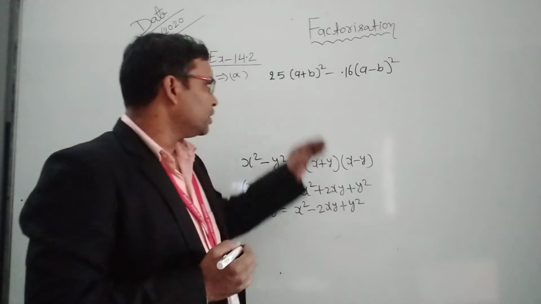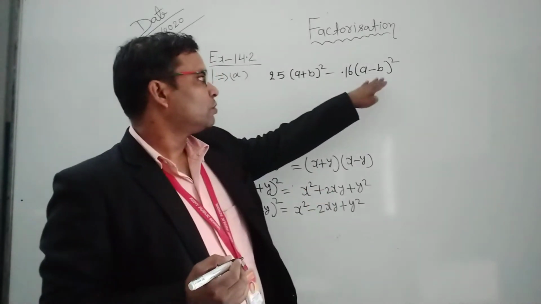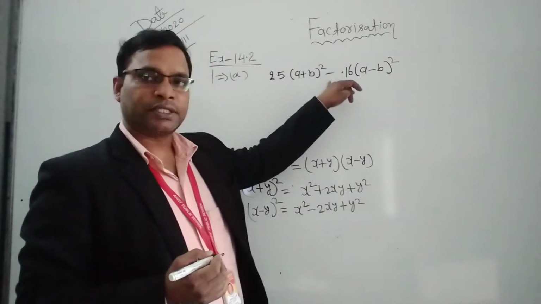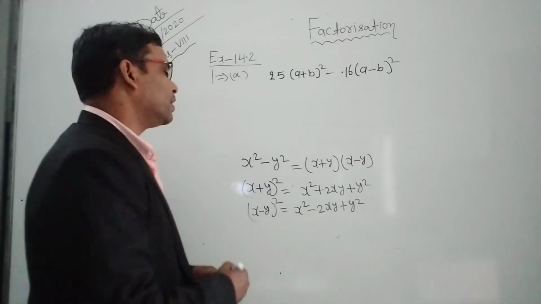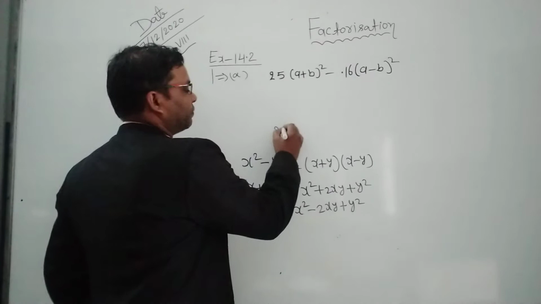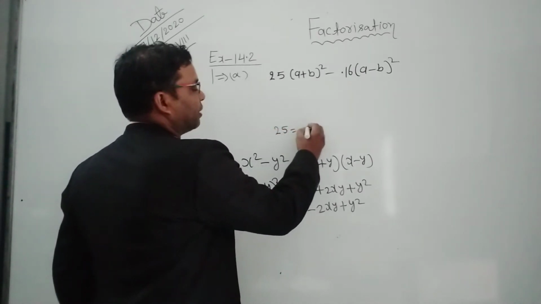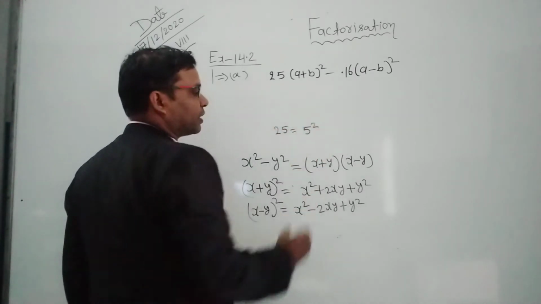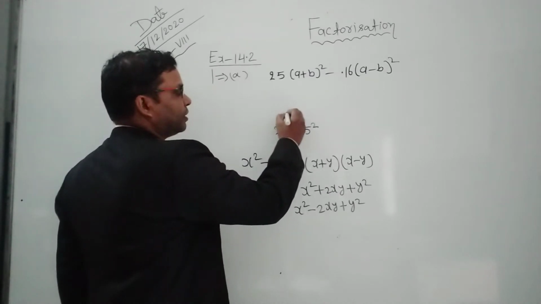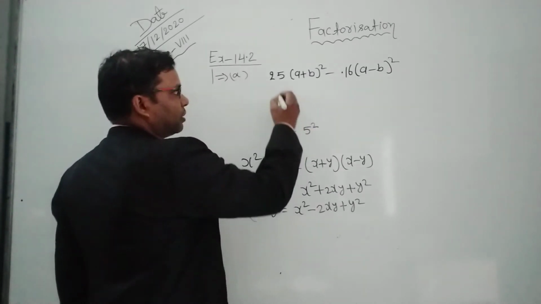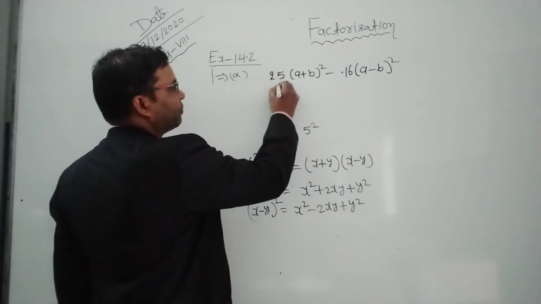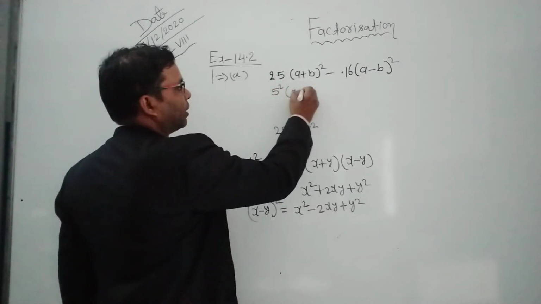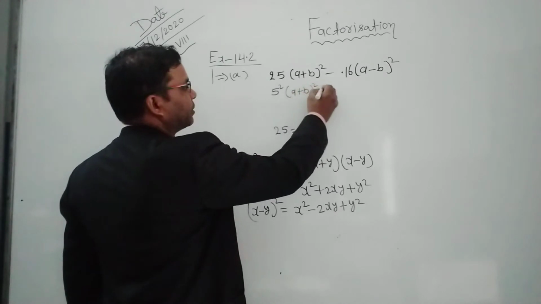Okay? So here you can see this is the square of two numbers and their difference also. So first of all, you also know very well 25. What is 25? 25 is the square of 5. So you can write here the square of 5 into whole square of a plus b.